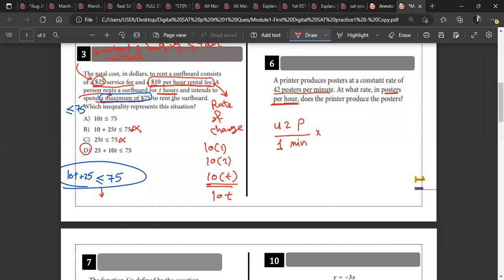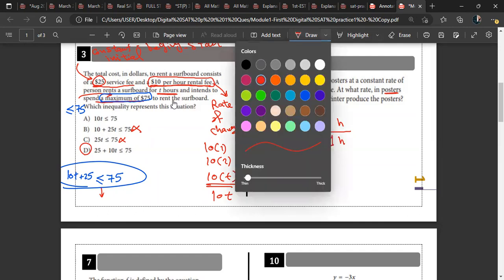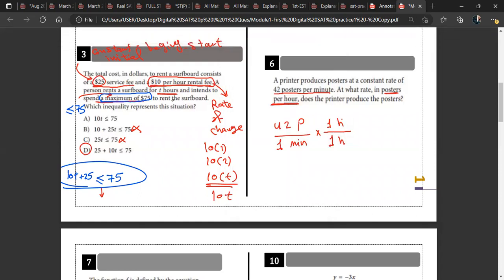Here you will multiply. Multiply what? 1 hour over 1 hour. 1 hour, you can replace it by what? By 60 minutes. You can replace 1 hour here by 60 minutes. 1 hour over 1 hour equals 1, so no problem.